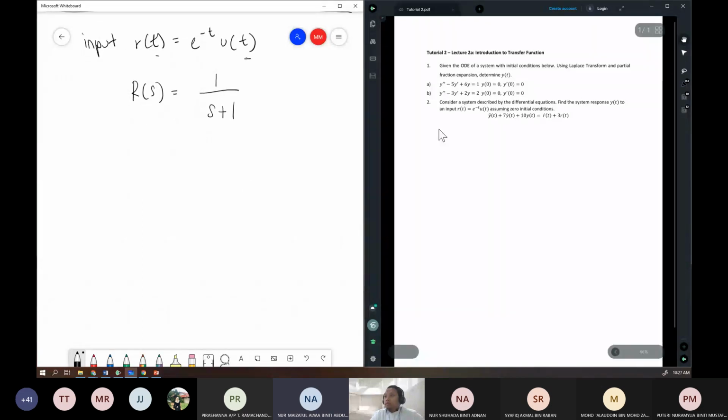And then from the differential equation, use Laplace transform to convert the differential equation into frequency domain.